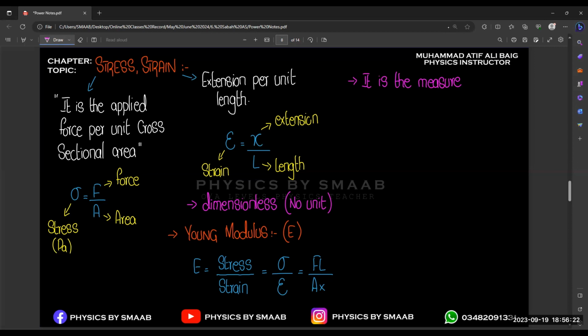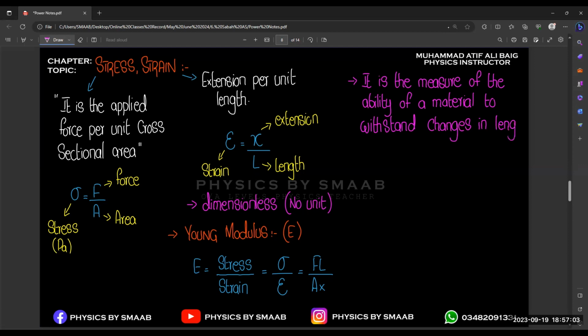The conceptual definition of Young modulus is that it is the measure of the ability of a material to withstand changes in length with an added load.